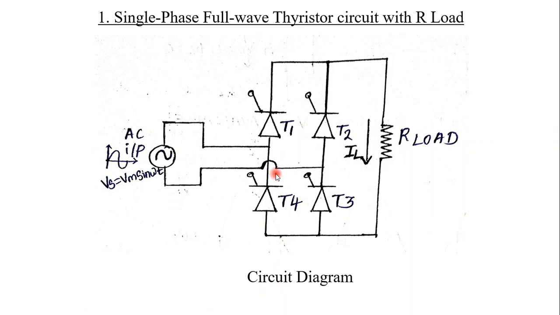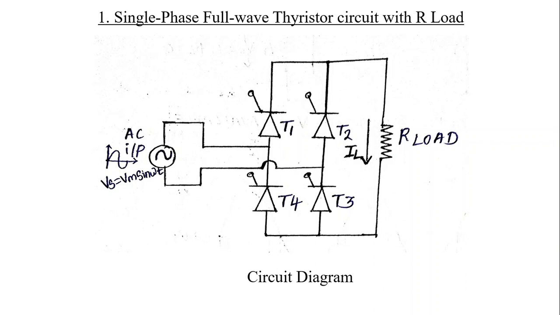In the fully controlled rectifier configuration, the average DC load voltage is controlled using two thyristors per half cycle. Thyristors T1 and T3 are fired together as a pair during the positive half cycle, while thyristors T2 and T4 are also fired together as a pair during the negative half cycle, that is 180 degrees after T1 and T3.